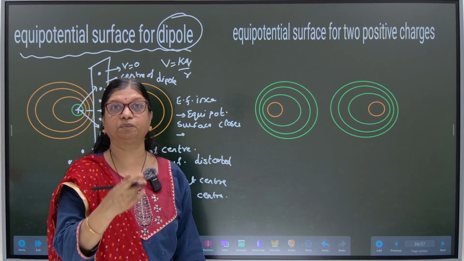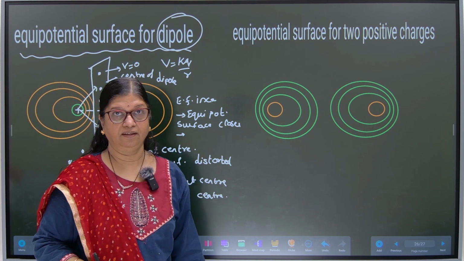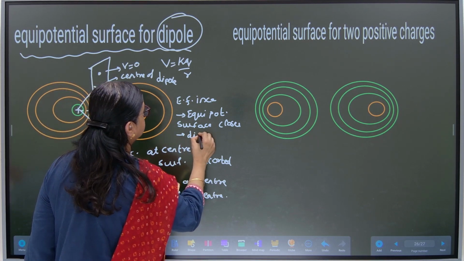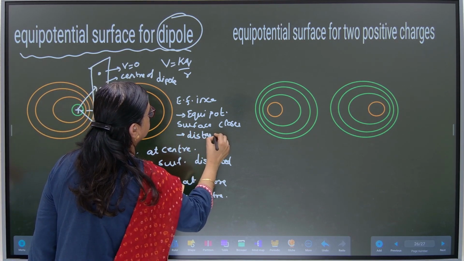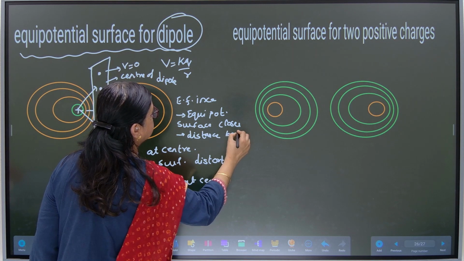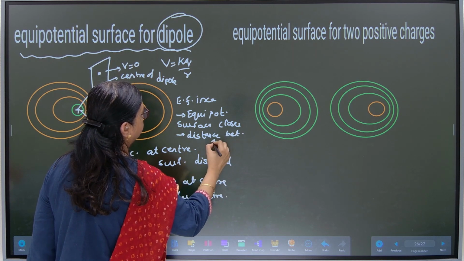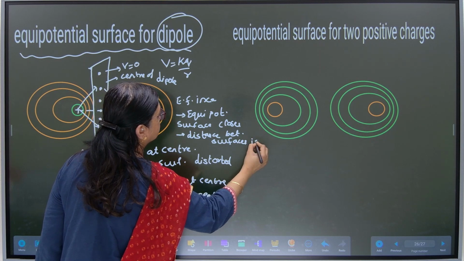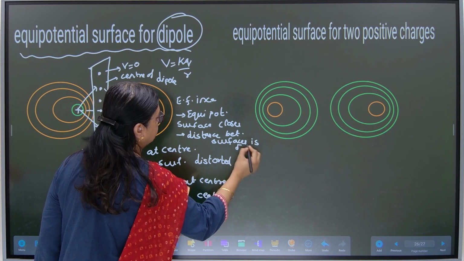which also means, question papers are smart in their English words. Okay, which also means distance between the surfaces is decreasing.